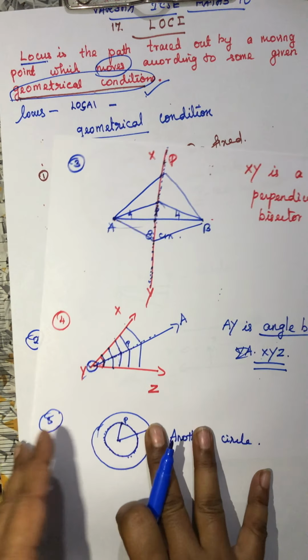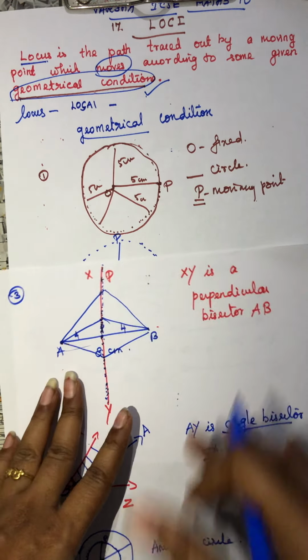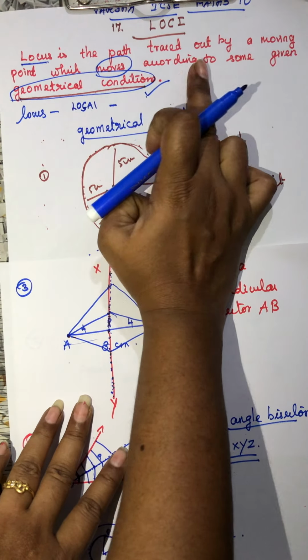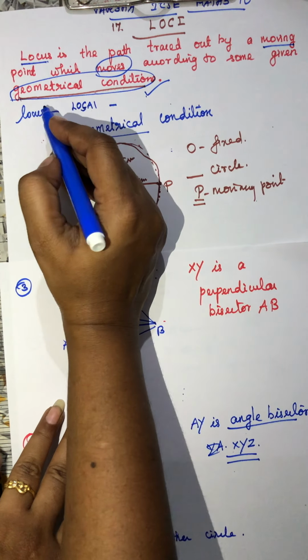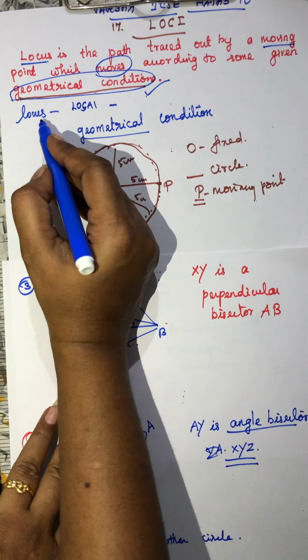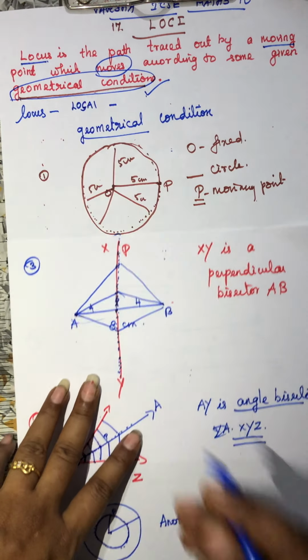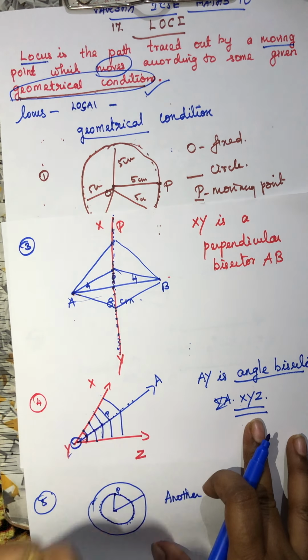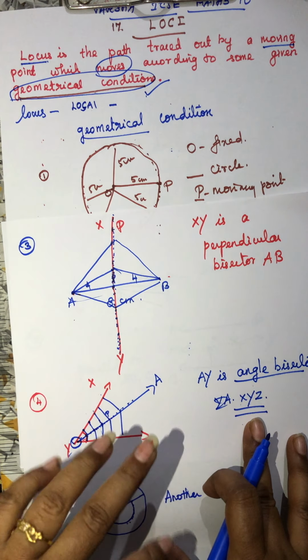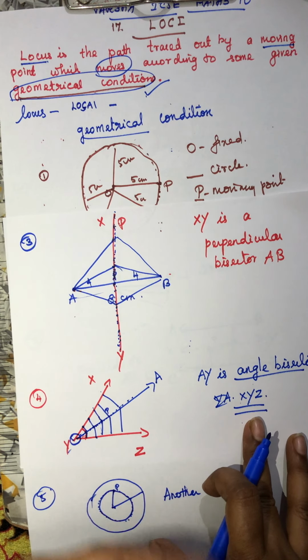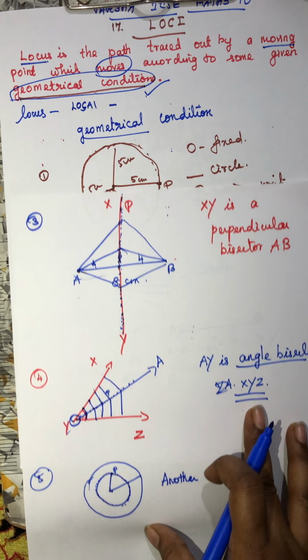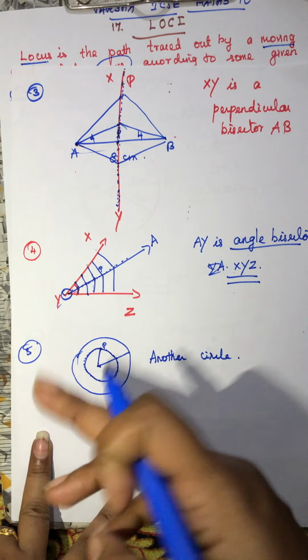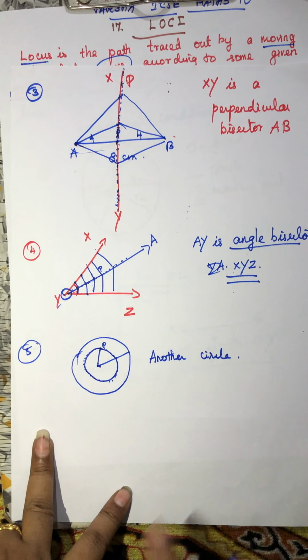What do you mean by locus? Locus is the path traced out by a moving point which moves according to some given geometrical condition. What type of questions will you have? They will give a geometrical condition and we have to analyze what it is. Is it a circle, an angle bisector, or a perpendicular bisector of the line?